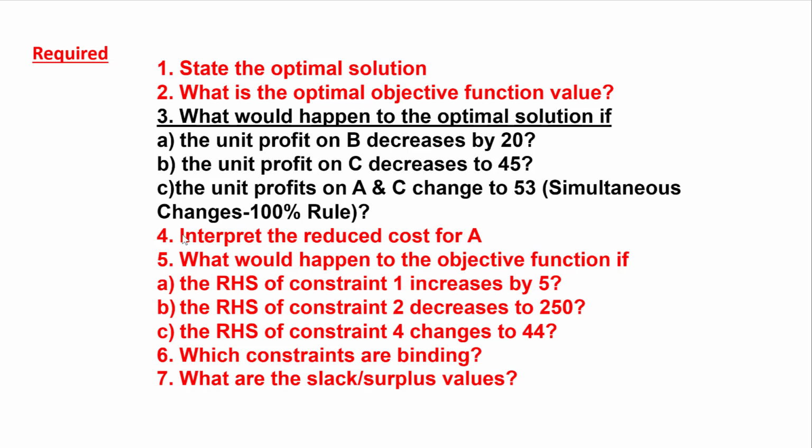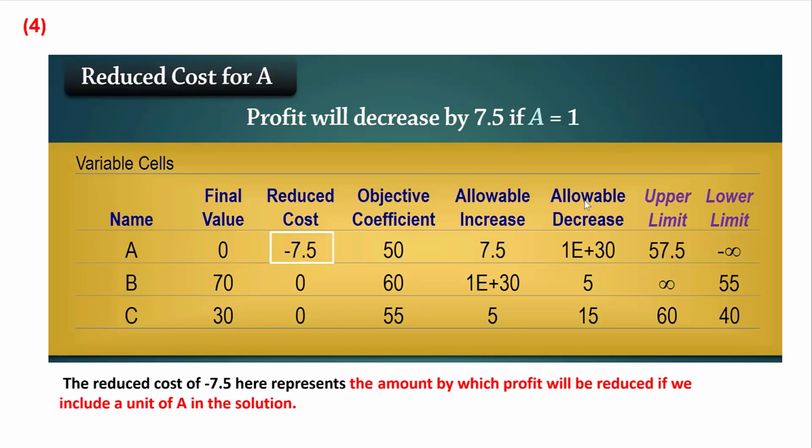Required: interpret or explain the reduced cost for A. We see in the first table the reduced cost for A is minus 7.5. What does it mean? It means if we produce 1 unit of A, the amount of profit will be reduced by 7.5.